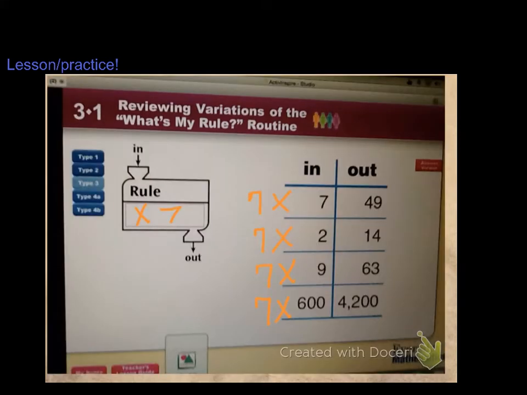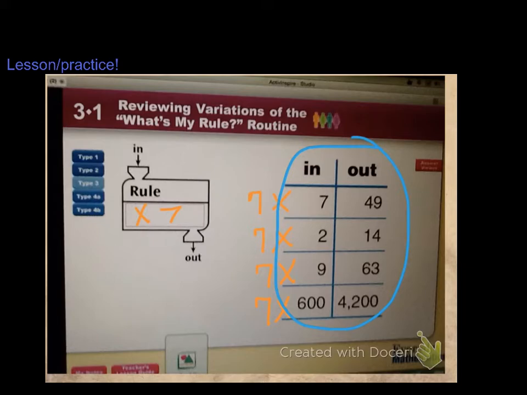Now with this one, we are not given the rule, but we're given all of the in and out numbers, as you see right here. And so that means if I put 7 in and I get 49 out, what did I do to that 7 to get 49?